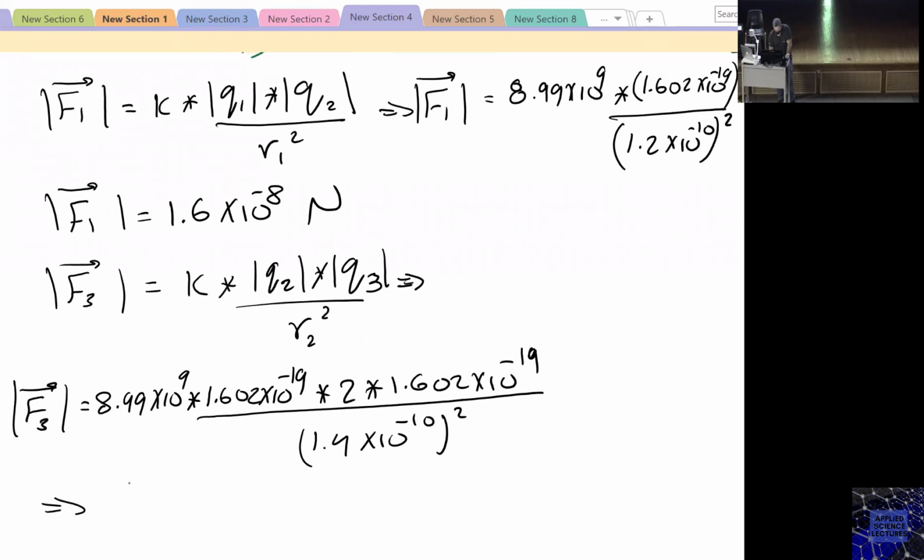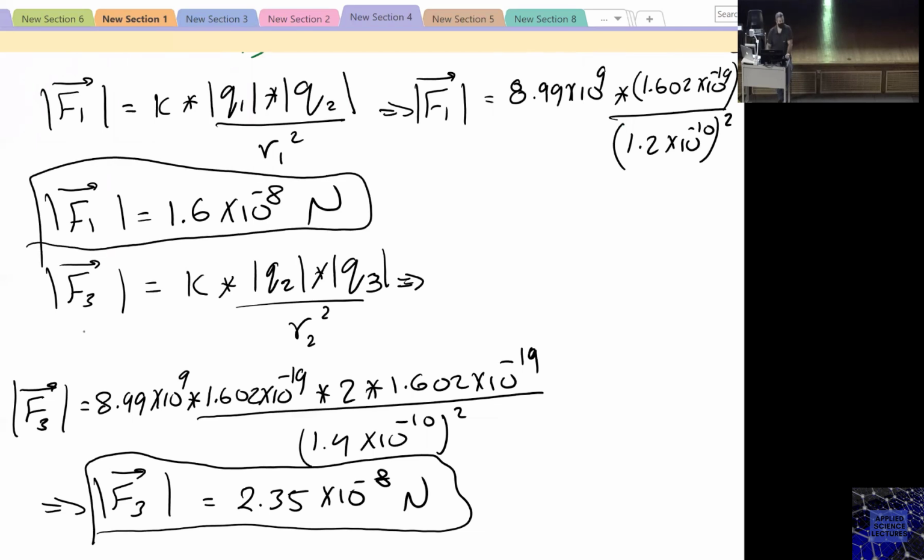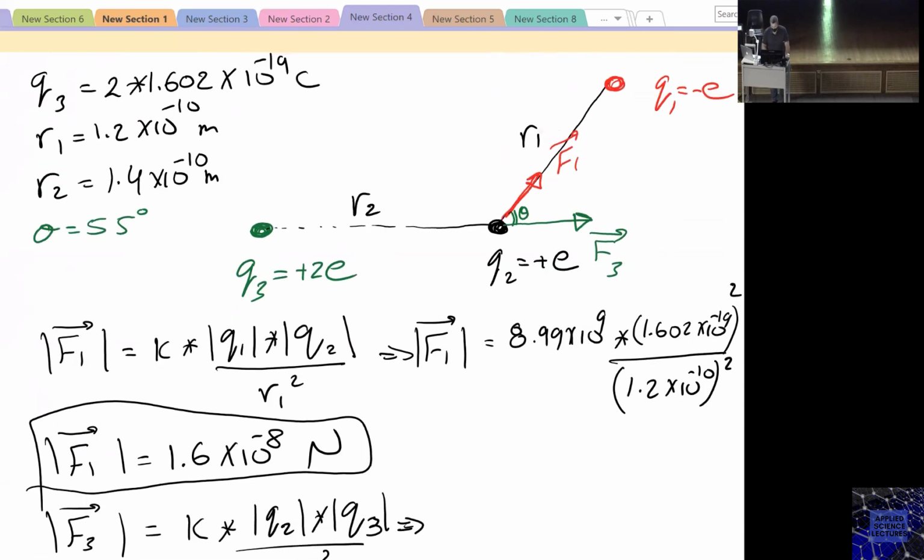And in this case, F3 magnitude is 2.35 times 10 to the power minus 8 Newton. So this is F3 and this is F1. So I found the magnitudes of both forces, F1 and F3.